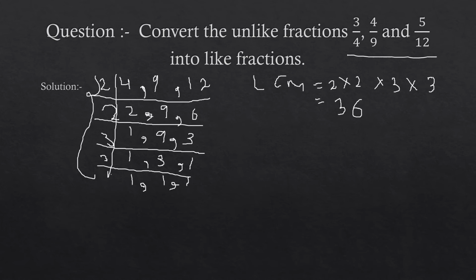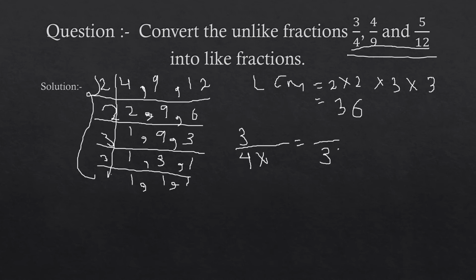Now, according to the second step, we have to find the equivalent fractions for these given fractions, and we have to make the denominators the same. Here we will not use a natural number as we were using in equivalent fractions. We have to guess which number should be multiplied by 4 to make it equal to the LCM.